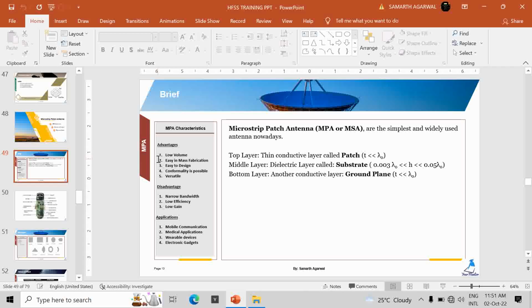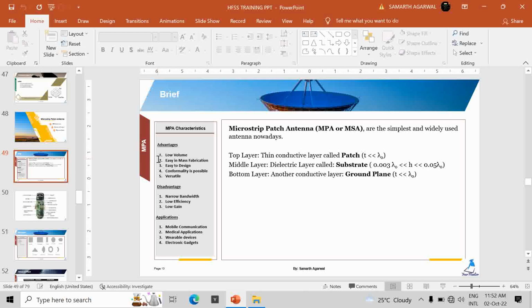It is not necessary that it will be covering the full dimension of the substrate. No, not at all. Only a piece of a conductive layer will exist. And the middle layer, as I've said, is the dielectric layer, which is known as the substrate. And the third layer is known as the ground plane, which may or may not be equal to the dimension of the substrate.